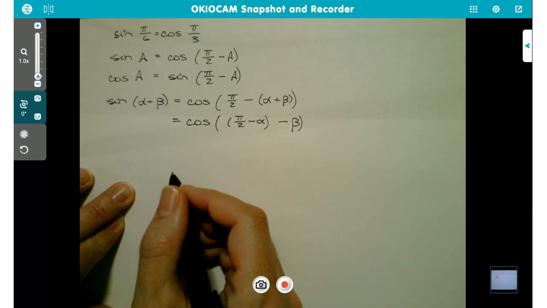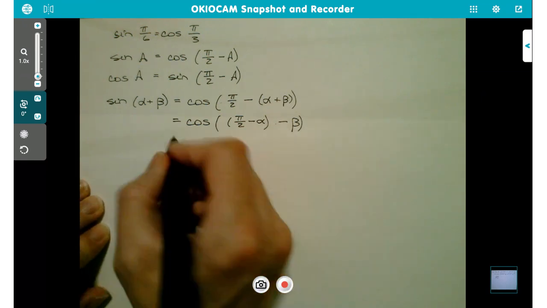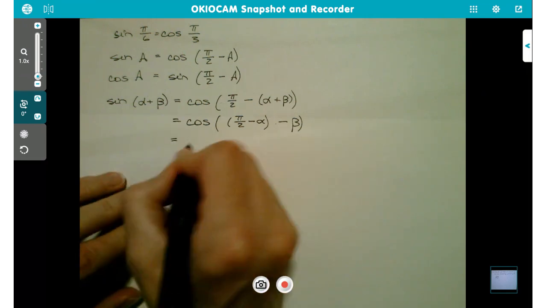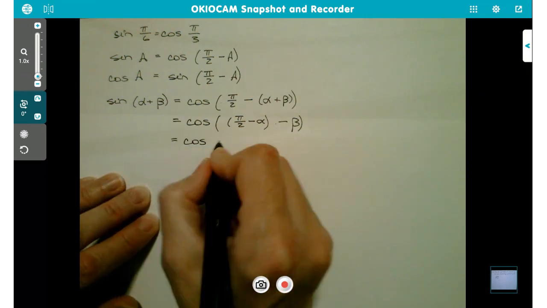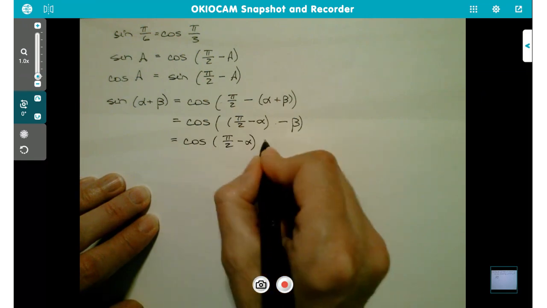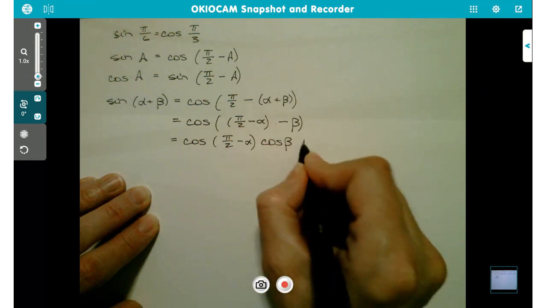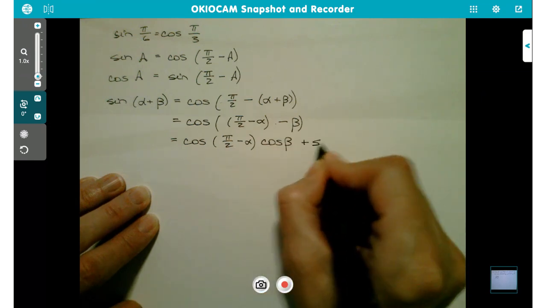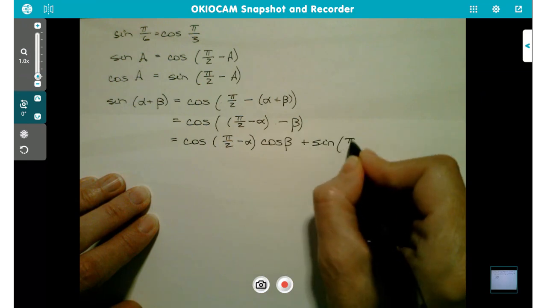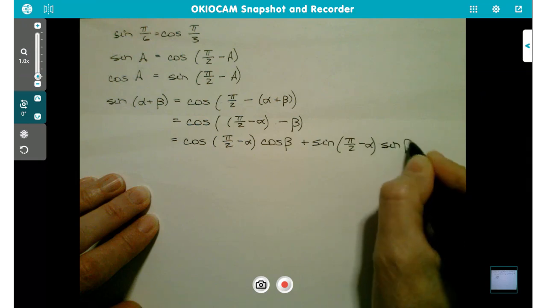Well, okay, I have an identity for the cosine of a difference of two angles. It goes like this: cosine of the first, cosine of the second. That's a difference, so I'm going to put plus in between. Sine of the first, sine of the second.